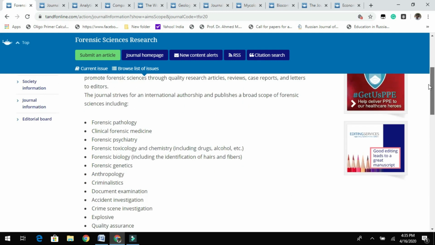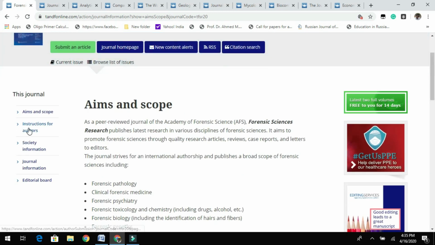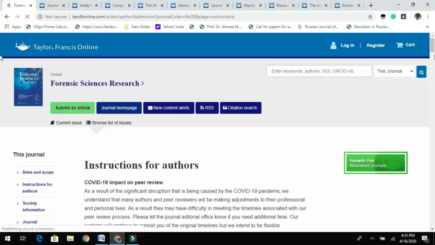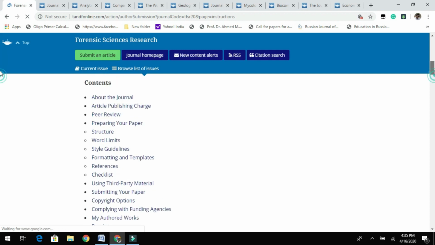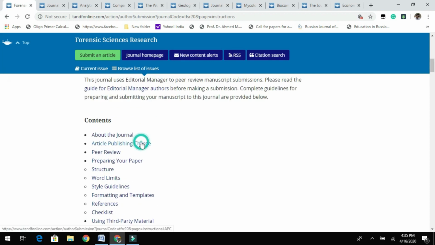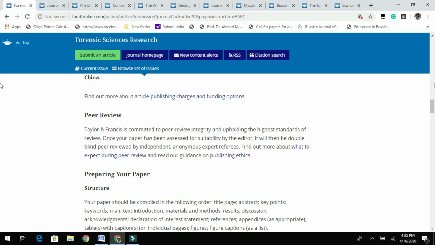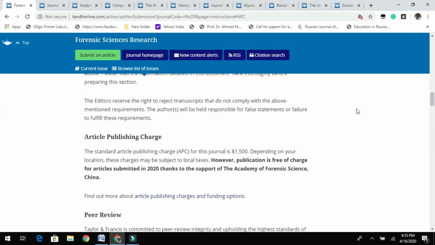Also, if you see the instructions for authors, you can find the article processing fee, article publishing charges. The standard article publishing charge, APC, for this journal is $1,500.